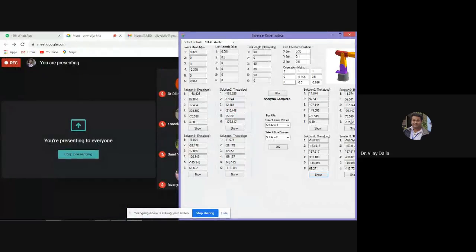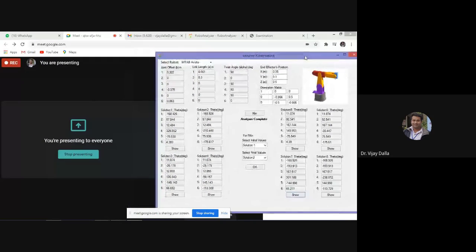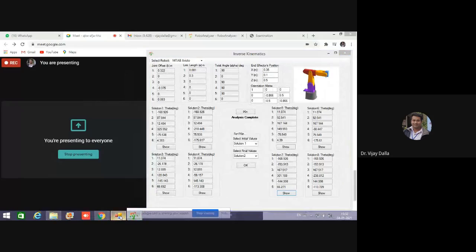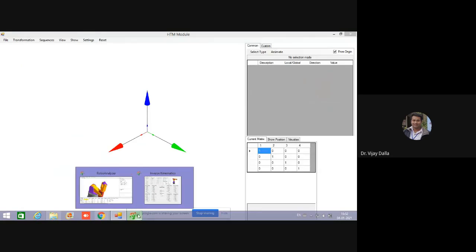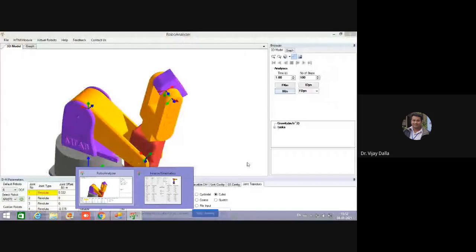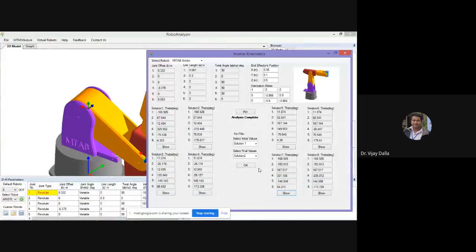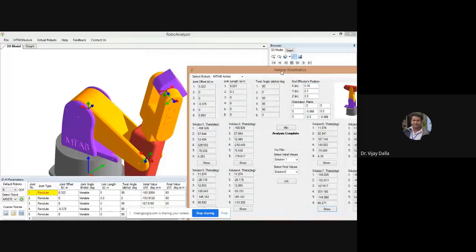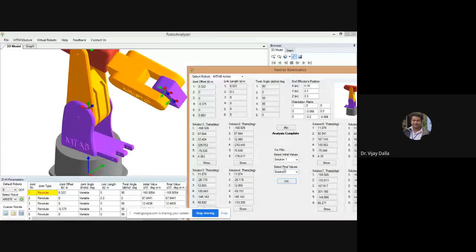Okay. So these are regarding inverse kinematics and multiple solutions. Also, we can visualize here: if you select solution 1 or any one, as the initial position. Solution 1 I have selected as the initial position, and solution 2 as the final position.